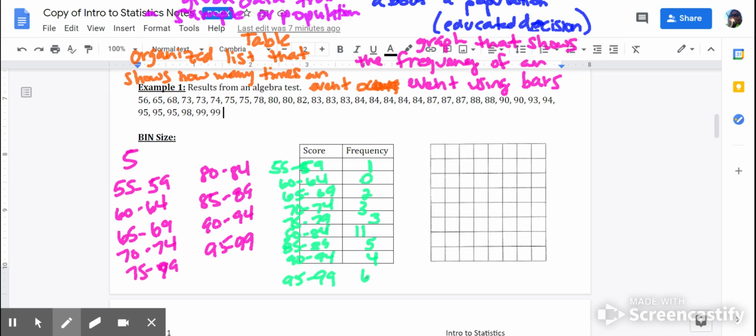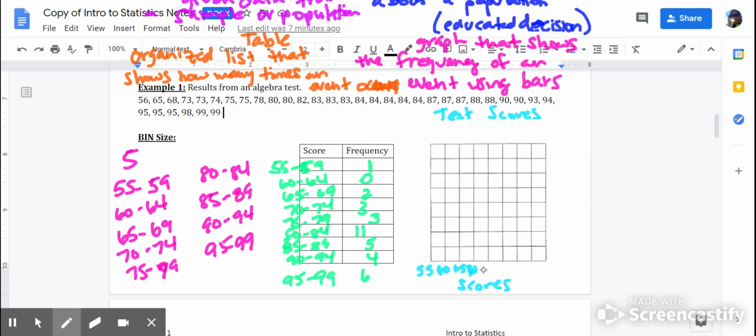You tell me what is being represented, so scores on the test, and then the frequency of how often those scores occur. Now for the histogram, I always have to make sure I have a title of my histogram, so these will be test scores. My x-axis will be the scores, and you want to make sure that you label those. I'm going to start here at 55, and we'll just go up by 5s on the bottom.